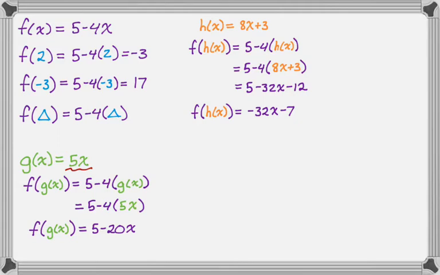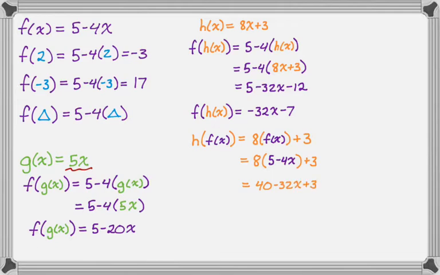We also could do h of f of x. There's no reason we're just doing f of h of x other than it's the problem I told you to do. So this will be 8 times whatever f of x is, and then plus 3. And f of x we know is 5 minus 4x, and then plus 3. Distributive property again, so it's going to be 40 and then minus 32x, and then that plus 3 just hangs out.